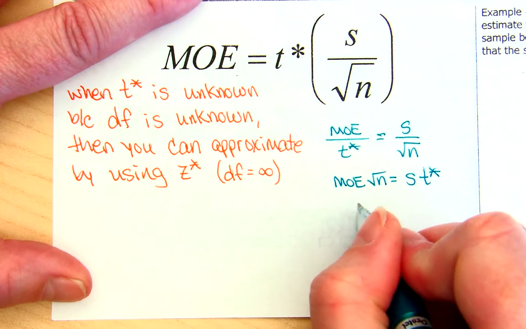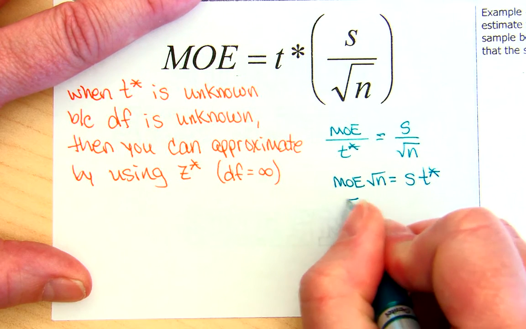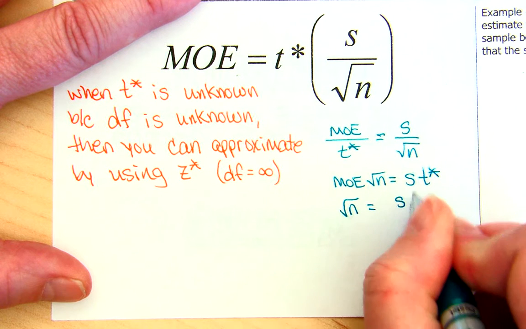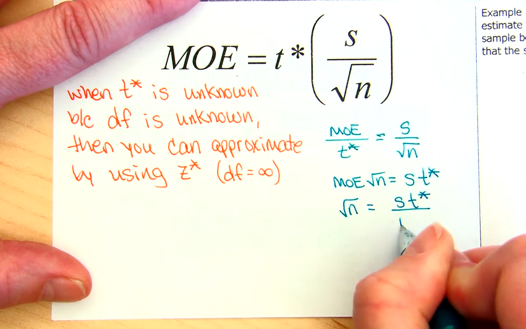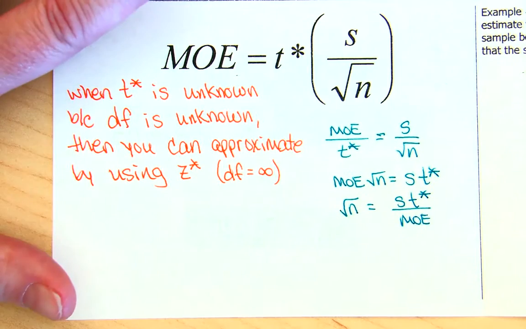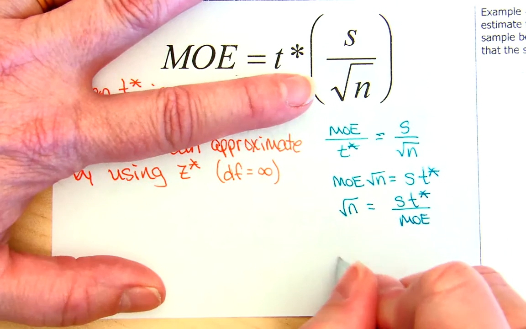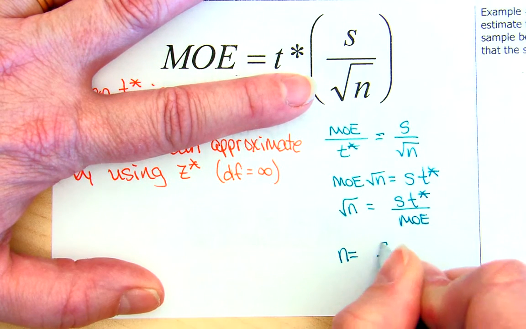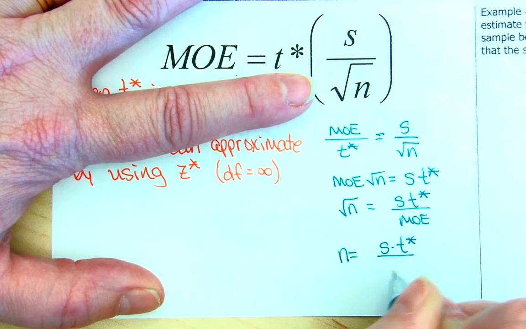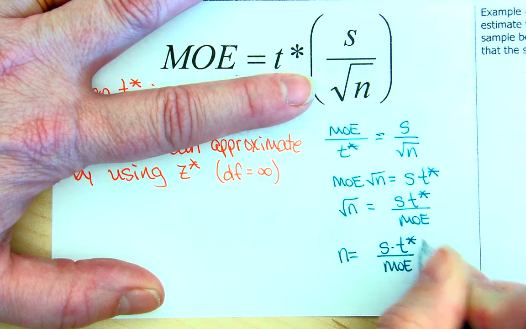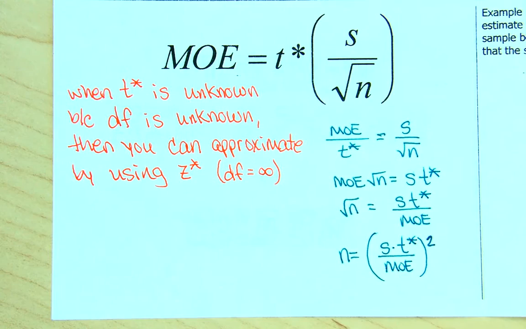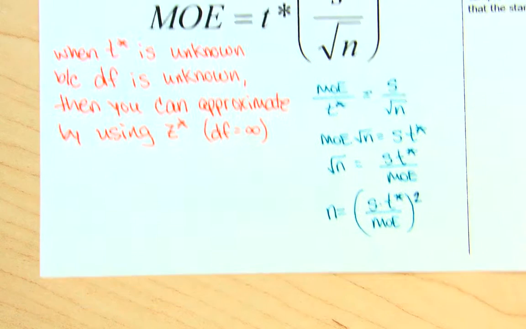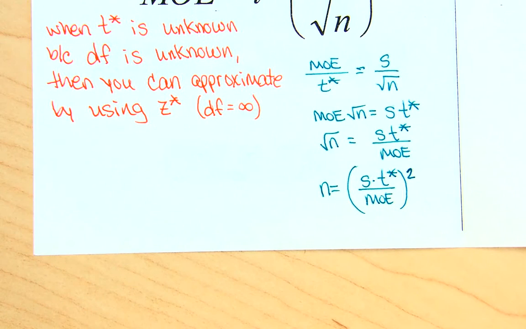Then we would just divide by the margin of error. And then square each side. So that's what we're going to do each time to solve for n.